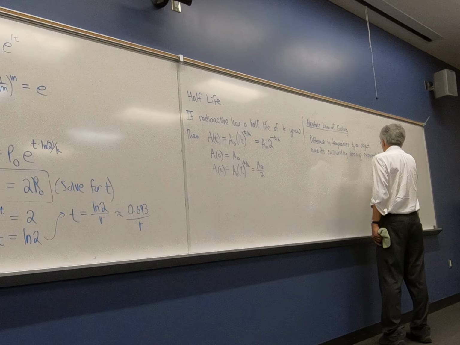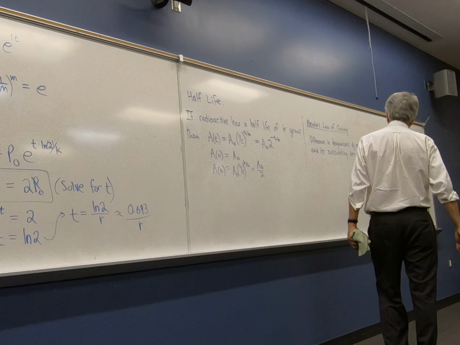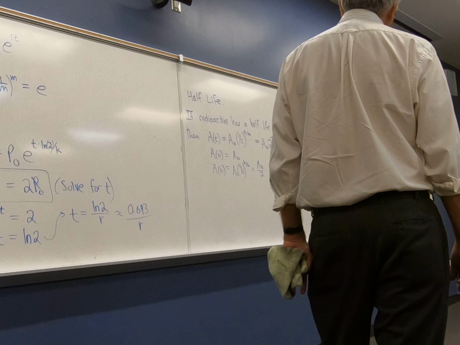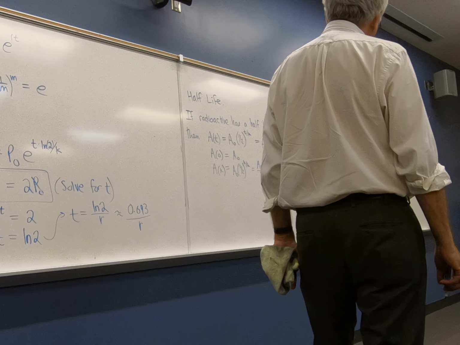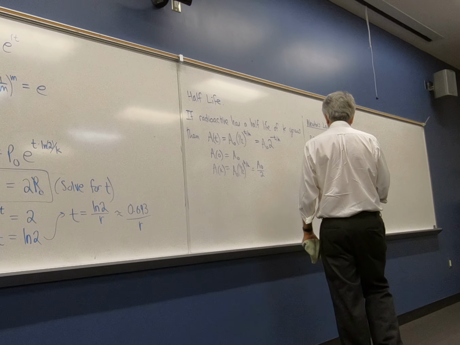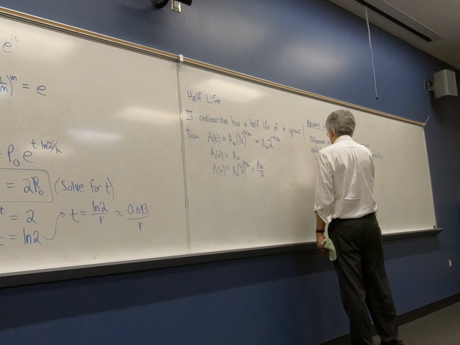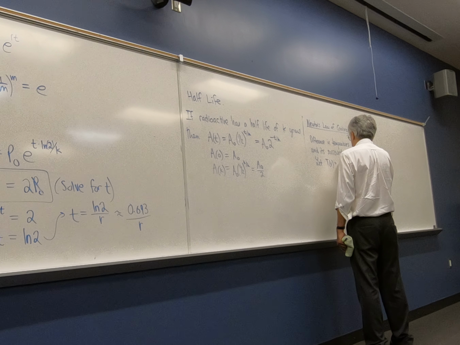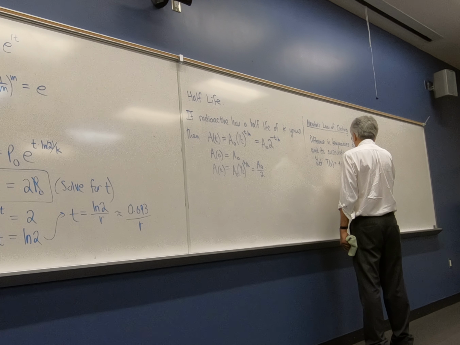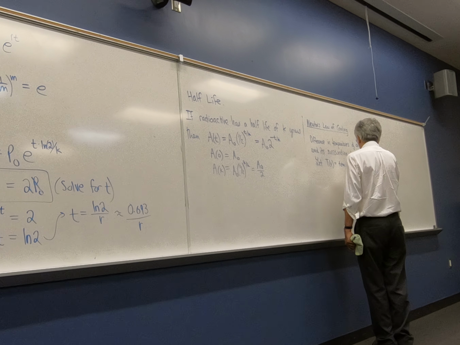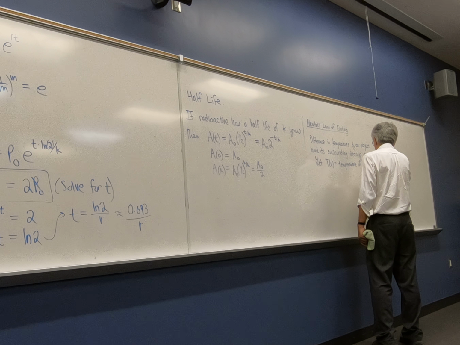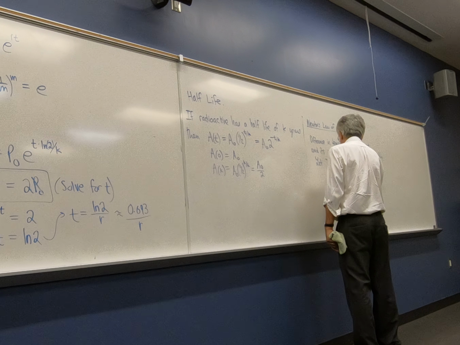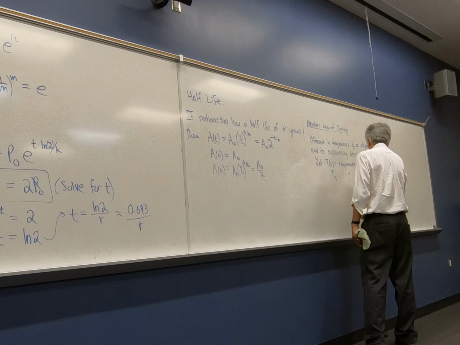So the temperature of the hot thing will approach the temperature of the surroundings asymptotically, right? And so how do we say that? Well, let T of t equal the temperature of the object. All right, the object. And T sub s is going to be the temperature of the surroundings.